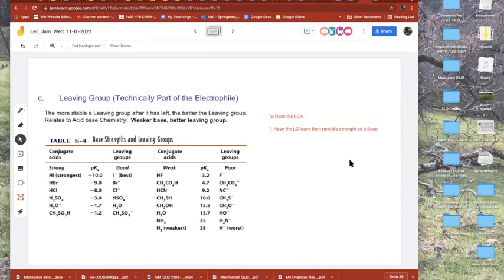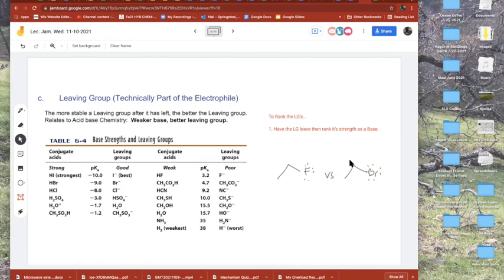So for instance, if I'm going to compare fluoride as a leaving group to chloride, or I'll make it even better, bromide. What's the better leaving group?